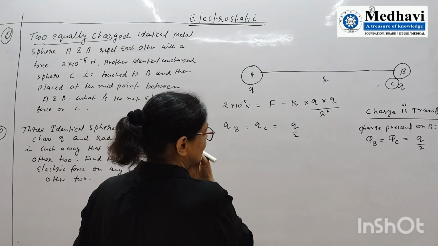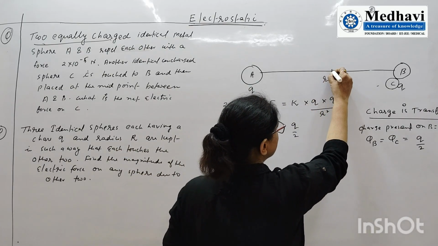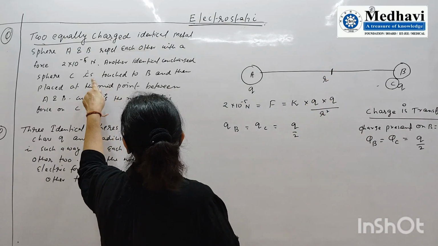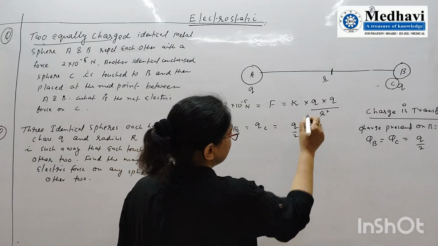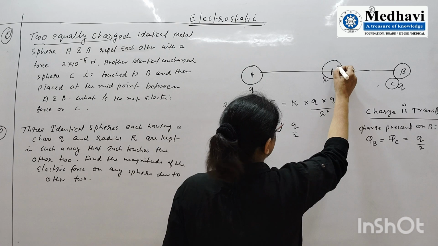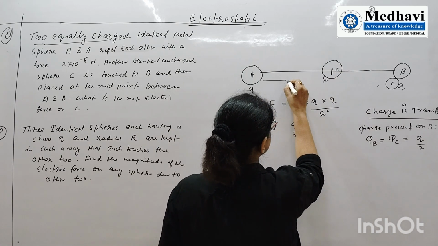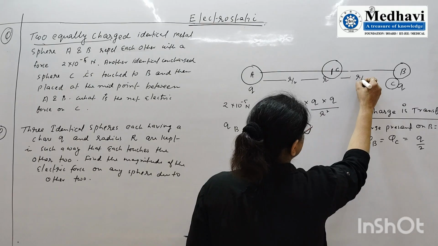Now in the question it is mentioned that C is taken midway. Here it is written that it is then placed at the midpoint between A and B. So at the midpoint C is kept, and this distance is r by 2 and this distance is also r by 2.